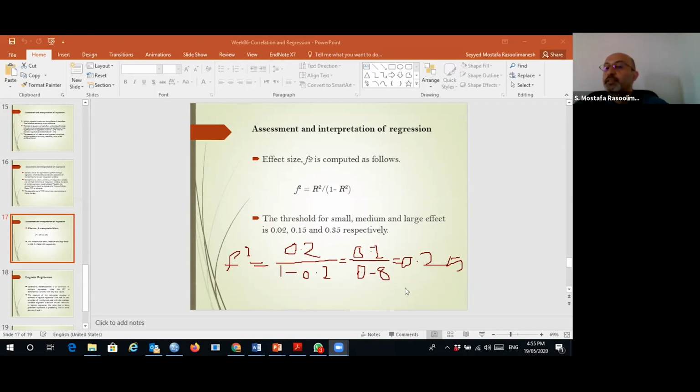For multiple regression also, we can calculate effect size and interpret based on it. But normality is a required assumption for multiple regression. If your data is non-normal, you cannot apply simple or multiple regression unless you use bootstrapping, right?